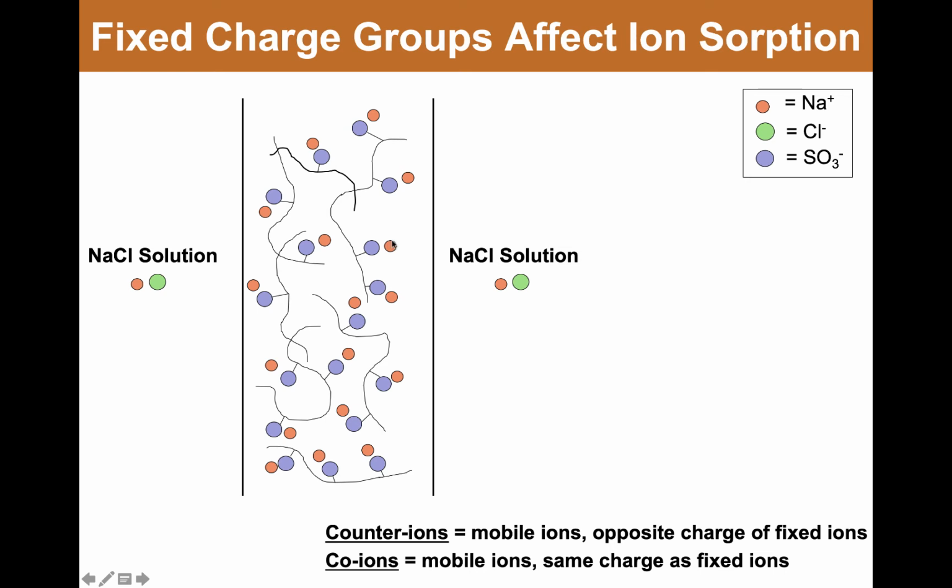Additionally, there can be the sorption of a few of these chloride ions. The chloride ions are repelled from the membrane by the presence of fixed charge groups of the same charge, but they're not entirely excluded. And this partitioning of ions like this is known as Donnan equilibrium.